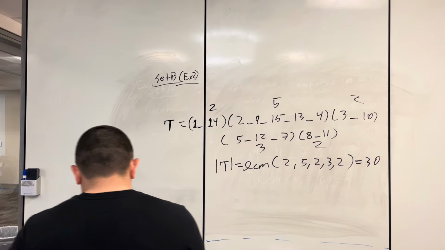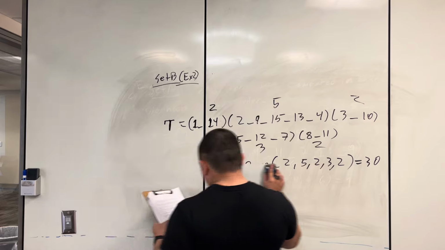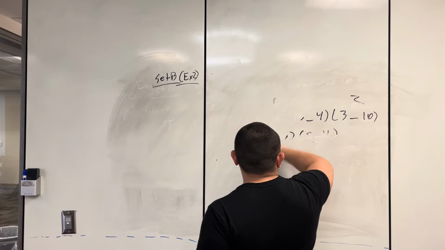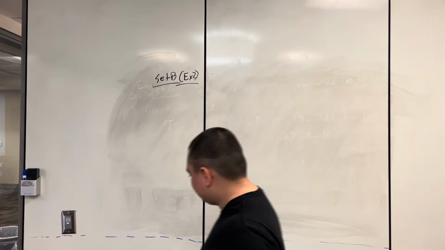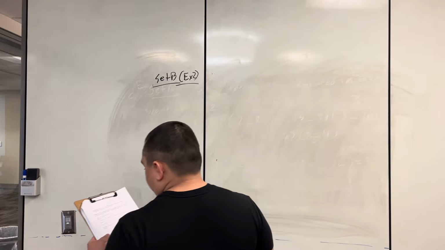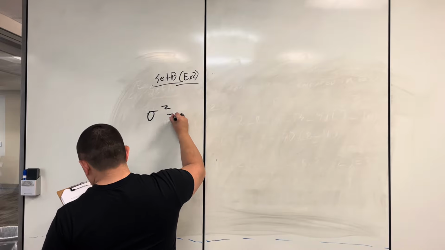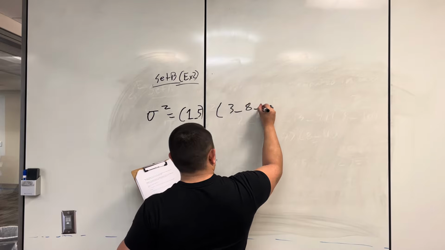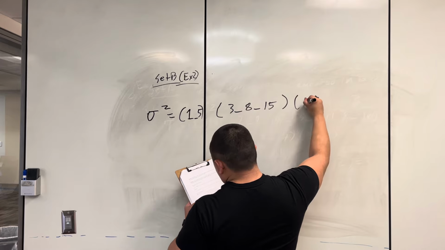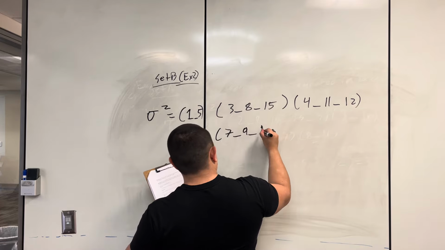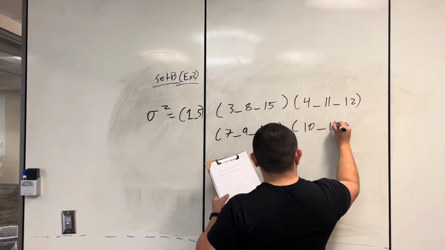So let's go on to sigma squared. Sigma squared is equal to (1 5)(3 8 15)(4 11 12)(7 9 14)(10 13).